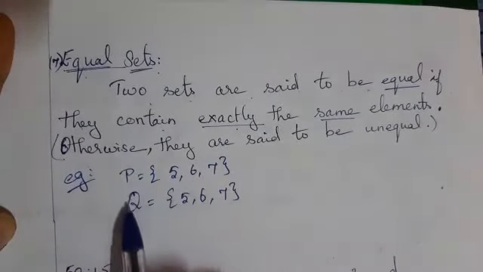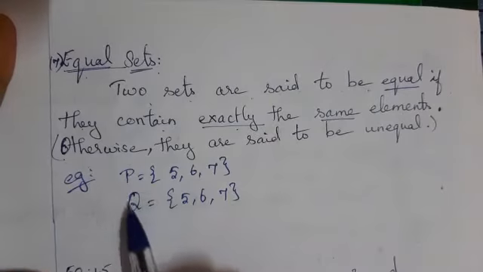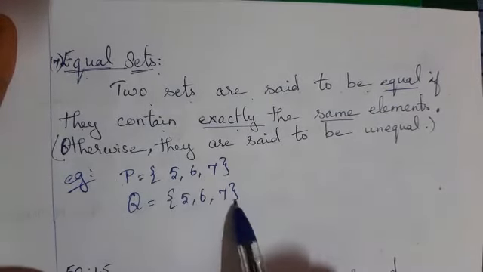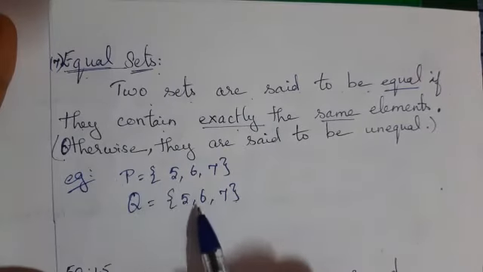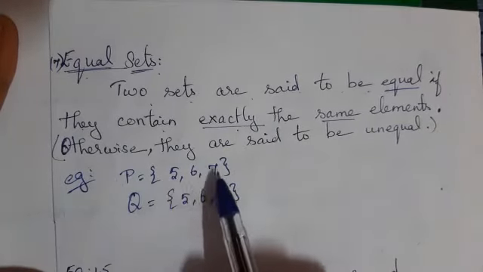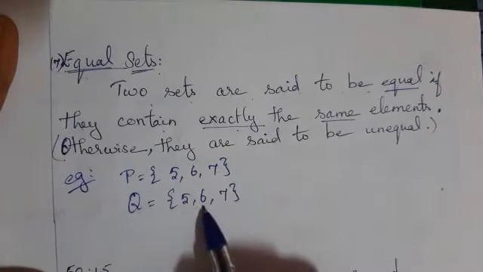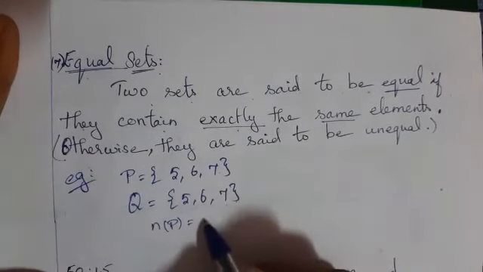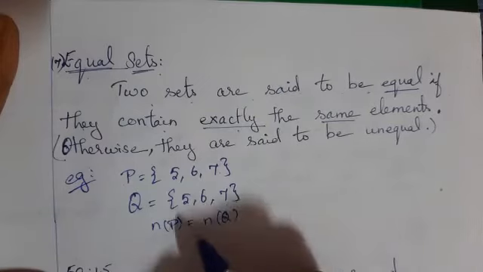Here you have two sets with exactly the same elements. That is 5, 6, 7. Here also 5, 6, 7. n(P) is equal to n(Q).